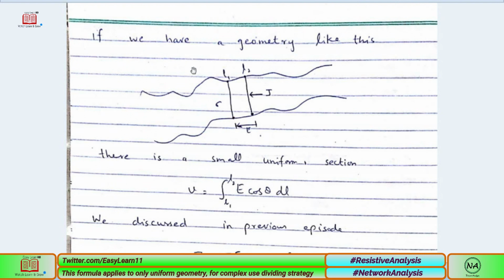Sometimes we do not have a smooth geometry, so we can divide it into portions, like I divide here. If we have a different type of structure, we divide it into small sections and integrate them separately, and then this formula is valid there. Which formula? That is V is equal to the integral of E cos theta dl, the formula we discussed on the previous page.